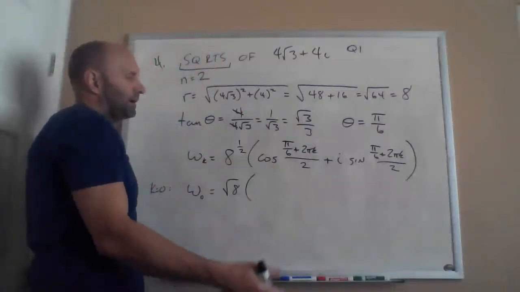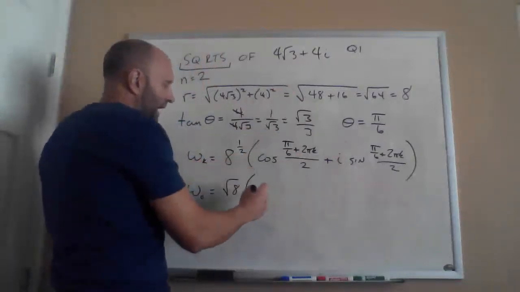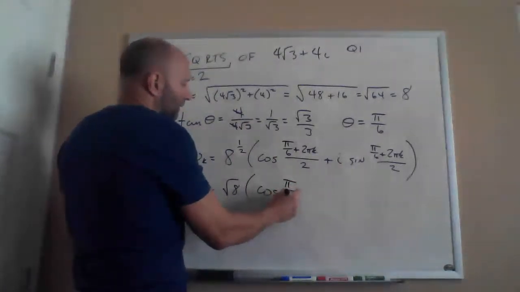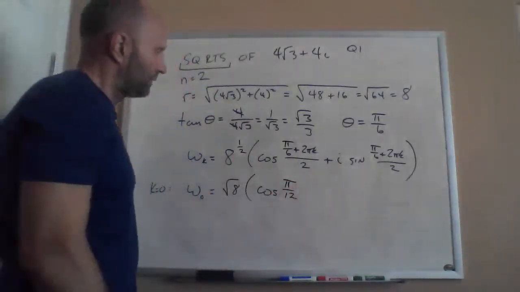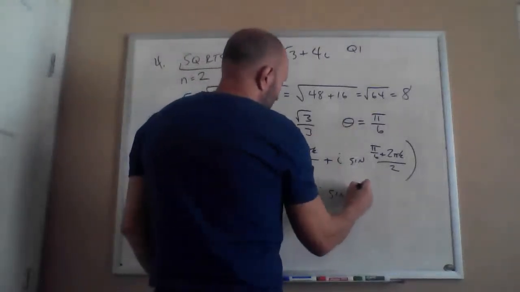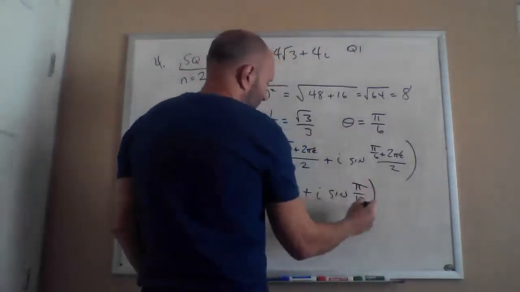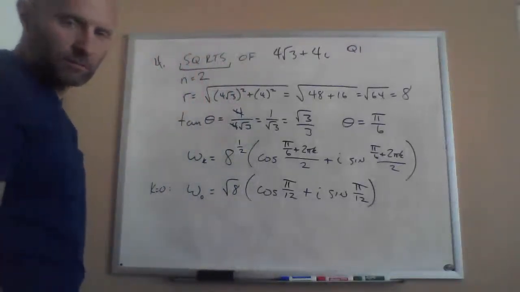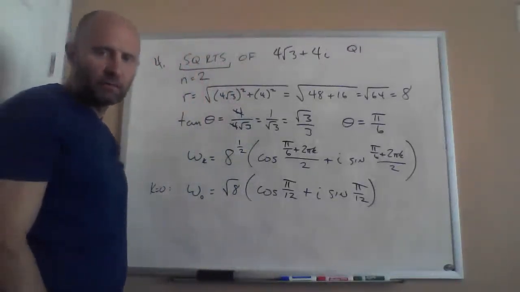Pi over 6 divided by 2 is like pi over 6 times 1/2. So this just becomes cosine of pi over 12. And then same answer for the sine piece. Questions on that before we move on?